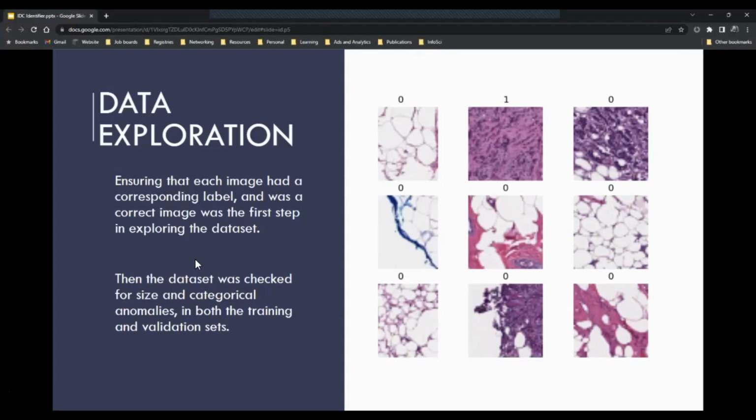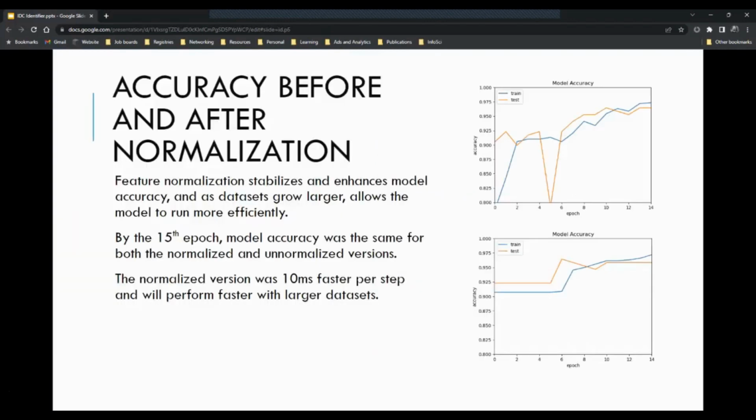The pictures, as they are now, were then transformed into four-dimensional tensor objects, and those tensor objects were then read by the deep learning model. The deep learning model was run both before and after normalization, using the same training data. You can see graphs of each of these on the screen's left.